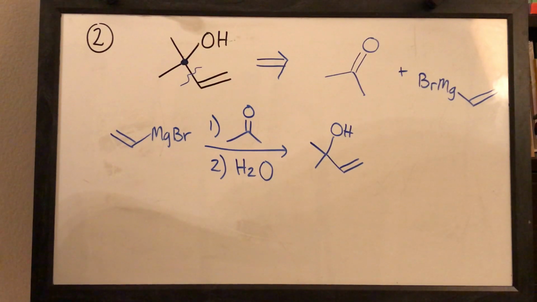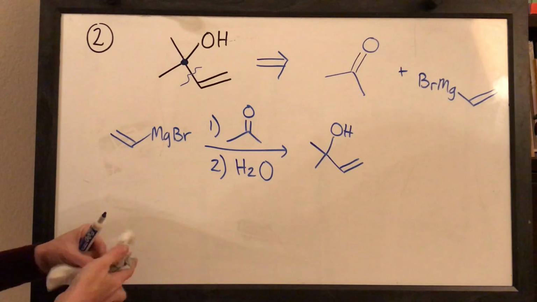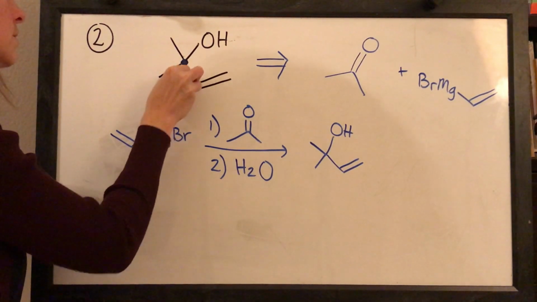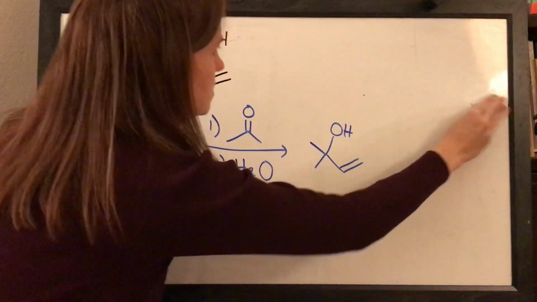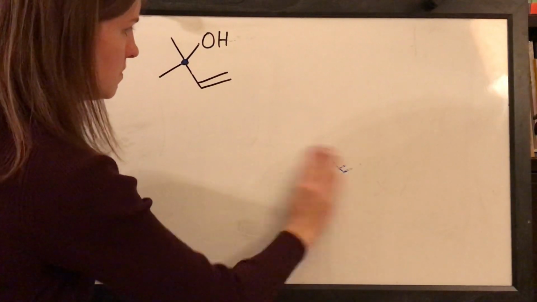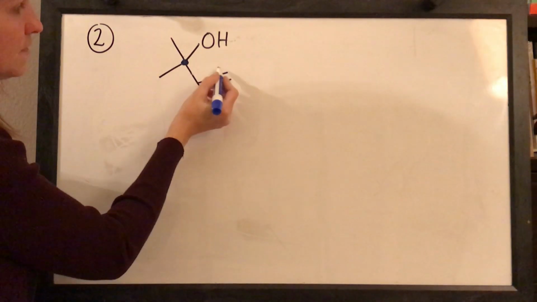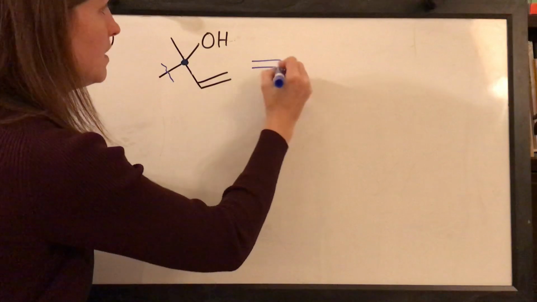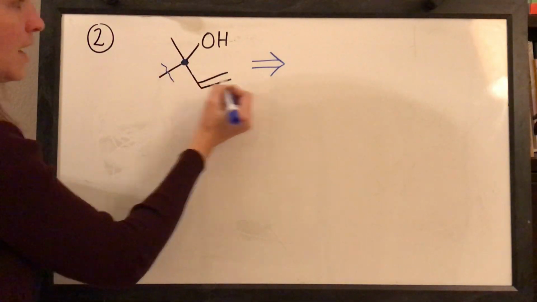Another way that we could think about this problem, and I'm going to erase this work now and go back and think about where I could have divided this molecule. So instead of this piece being my Grignard reagent, maybe it's one of the methyls. If I think backwards, that means that my carbonyl compound would have had a methyl and a vinyl group on it.